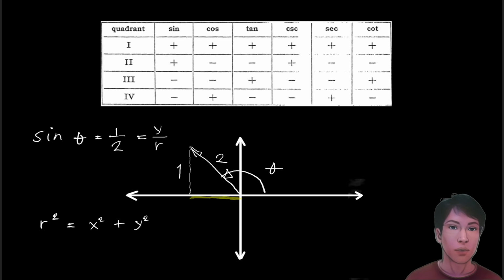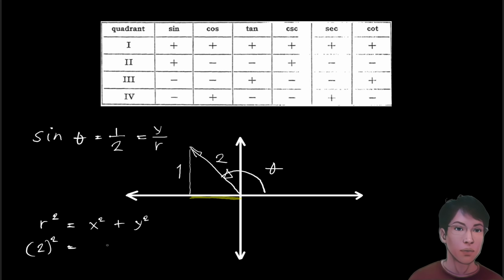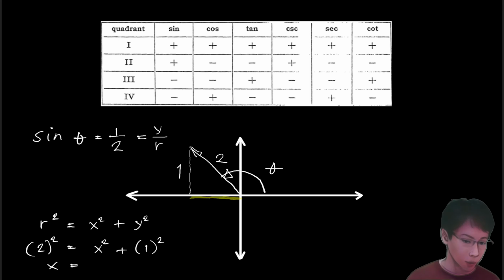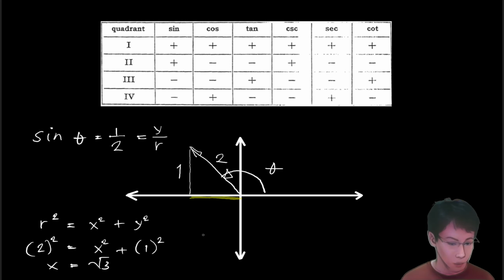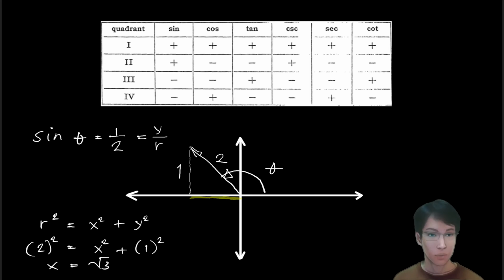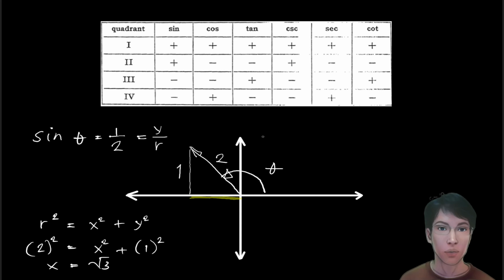R is already known, y is already known, so we can solve for x. So this is now 2 squared equals x squared plus 1 squared, and x is square root of 3. So that's how we draw the triangle when given such conditions.